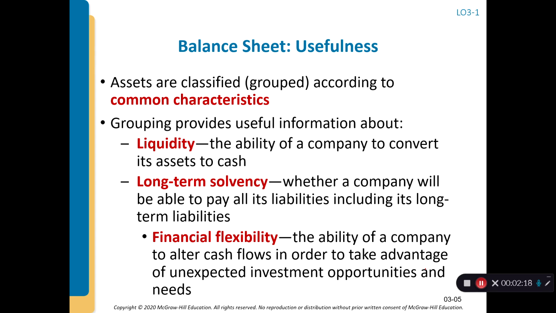The usefulness of the balance sheet is to describe the position of the assets, how much the assets are, and what the company's assets are composed of, right? It provides a list of assets and liabilities that are classified or grouped according to certain characteristics.